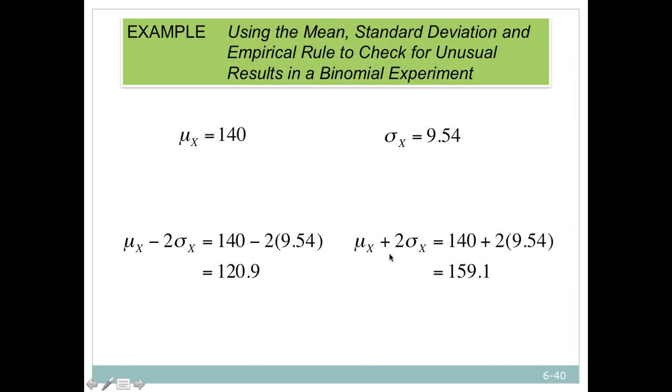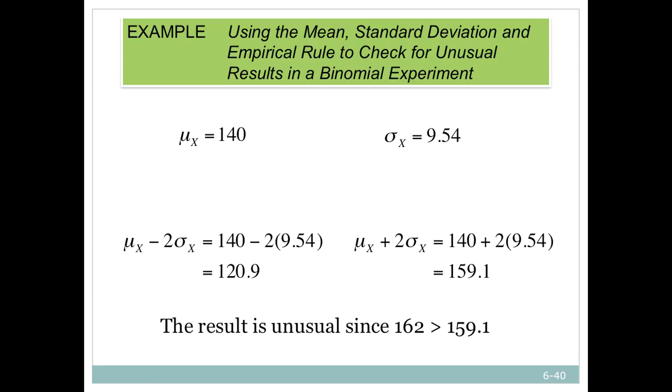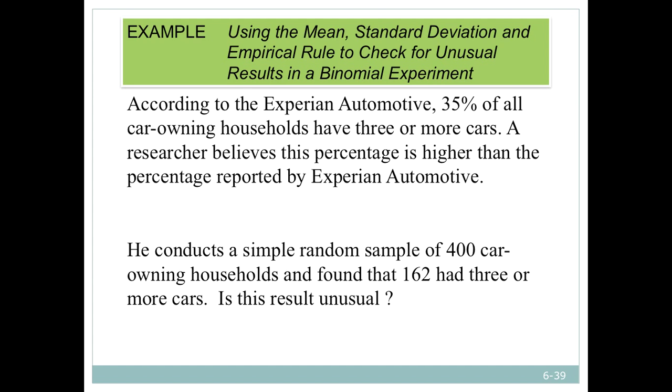If we add 2 times our standard deviation, we get 159.1. Now, we were asked about 162 households, which is greater than our 159.1. So this is going to be fairly unusual if the actual probability of finding a household with at least 3 cars is indeed the 35% that they gave us.